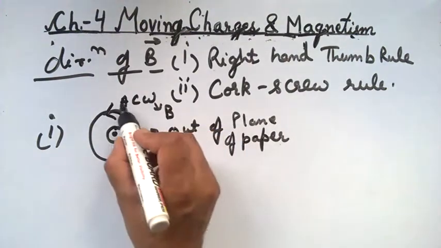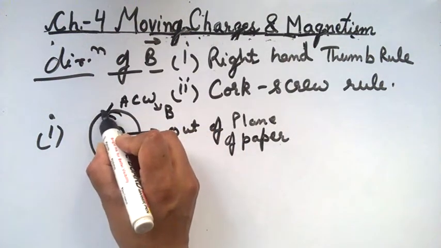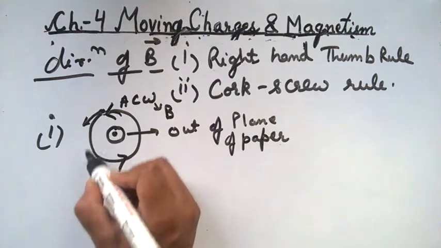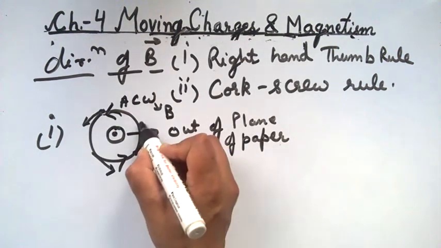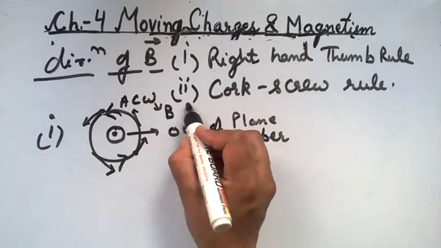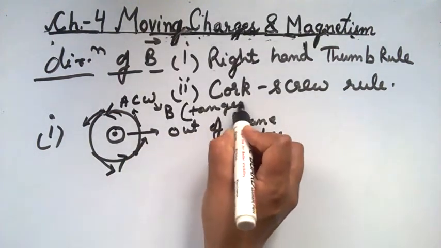The direction of magnetic field is always given by a tangent drawn at a point on concentric circles. Tangent gives the direction.